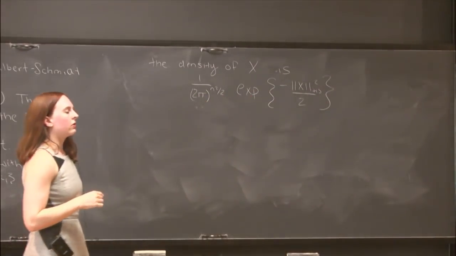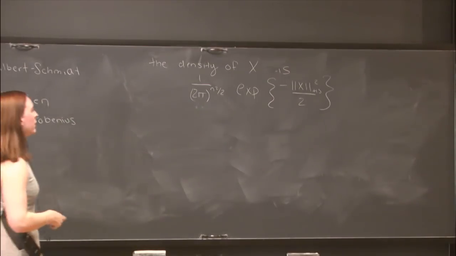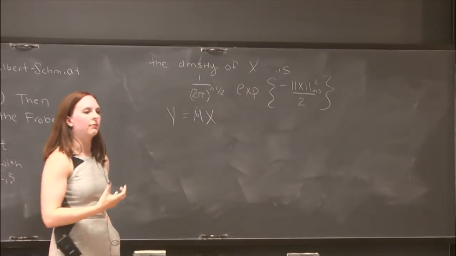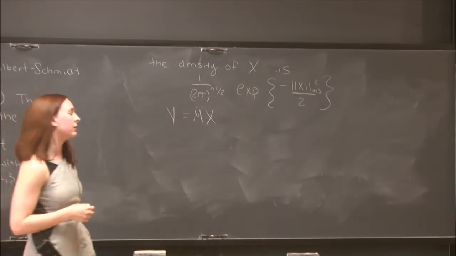And so now I'll check that if I multiply by a matrix M, so if I take y to be m times x, the distribution is unchanged.